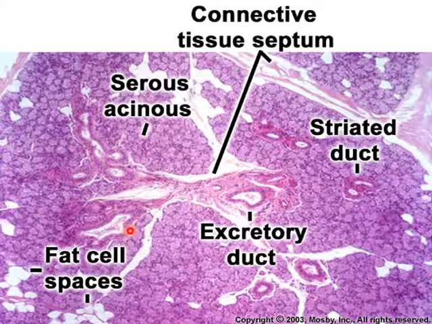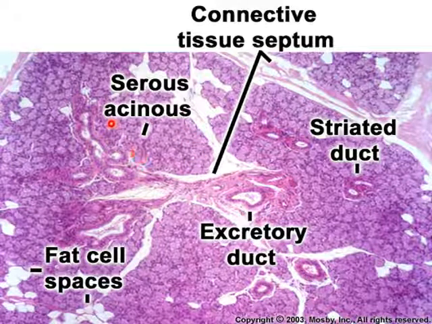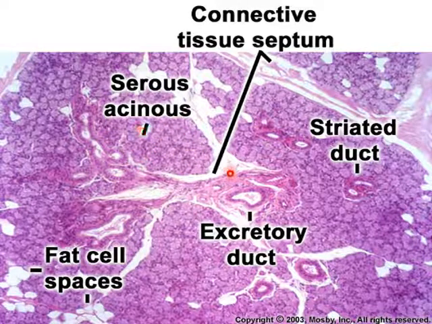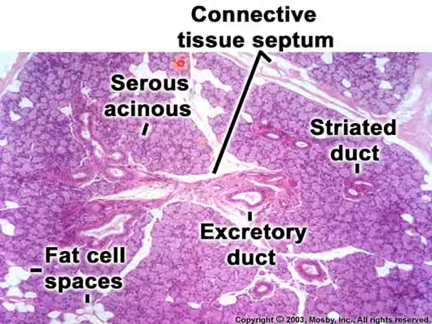This is a histological picture of the parotid gland. It shows the connective tissue septa, which divide the gland into lobes and lobules. This connective tissue comes from the capsule surrounding the gland, so the capsule divides the gland into lobes and lobules by connective tissue septa.